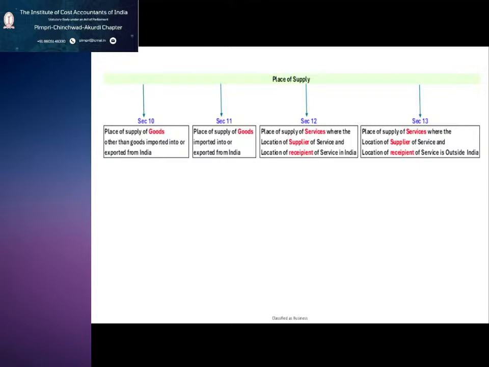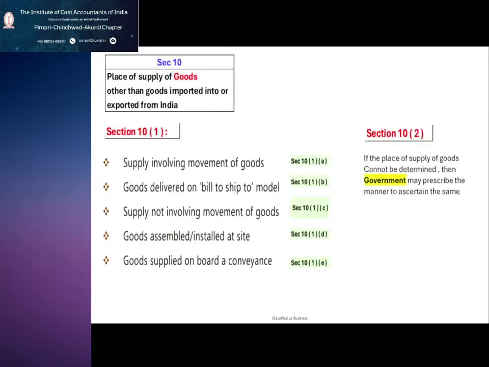So we have 4 main sections in place of supply, and in section 10 we have 2 subsections: subsection 1 and subsection 2.